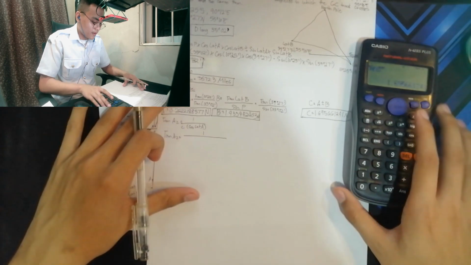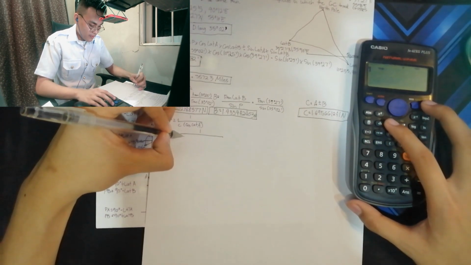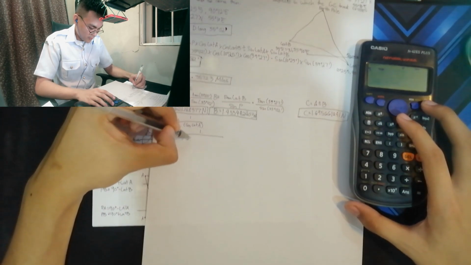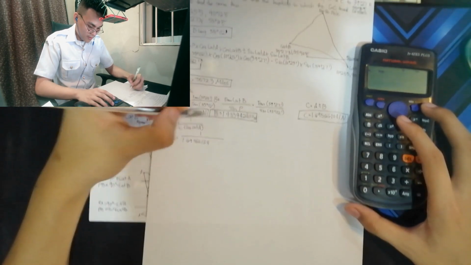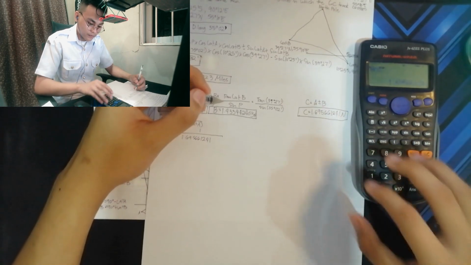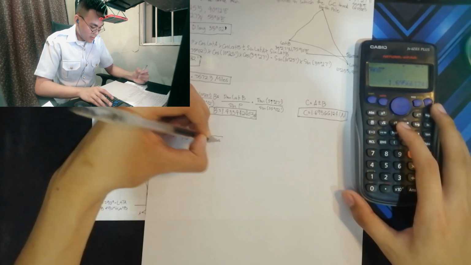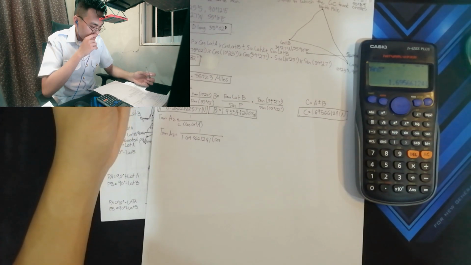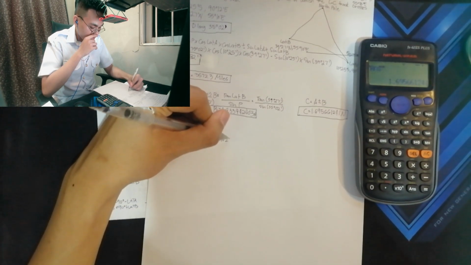So input this one. Your C is 1.695666124, then times cos latitude A. Cos latitude A is 10 degrees 25 minutes.